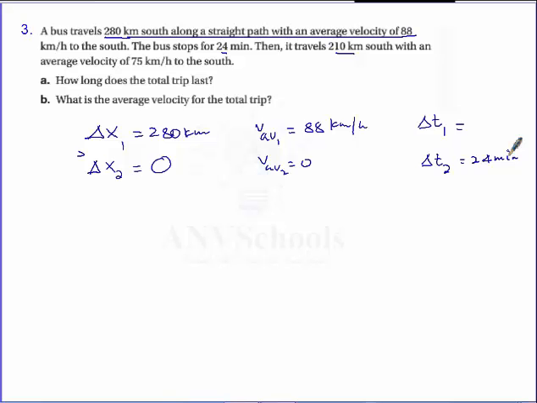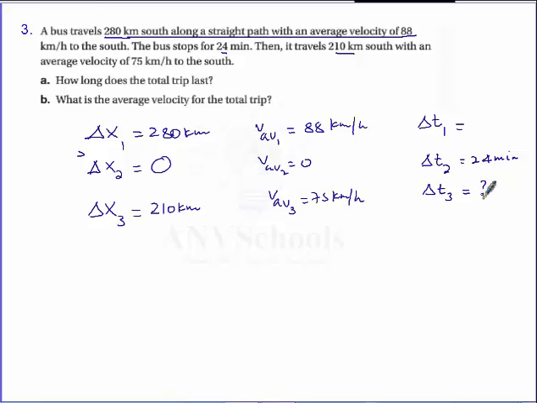And the third case is displacement 3, which is 210 kilometers, and average VAV3 is 75 kilometers per hour, and delta T3 we don't know, we will find this one.